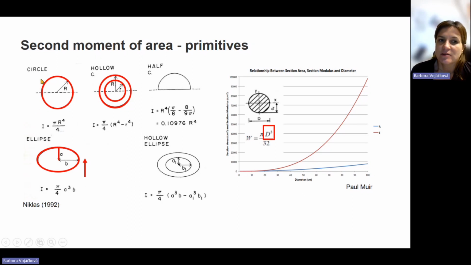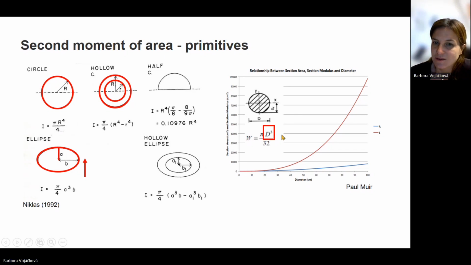And we can see the radius is very important because it's to the power of 4. The moment of inertia we will usually use for the computation of stiffness, but for the stress we will use the section modulus, which is calculated as I divided by the radius of the circle, and we get this known formula that the section modulus is equal to πD to the power of 3 divided by 32.